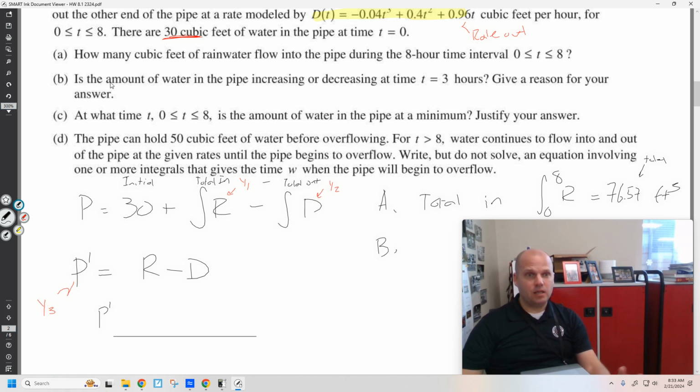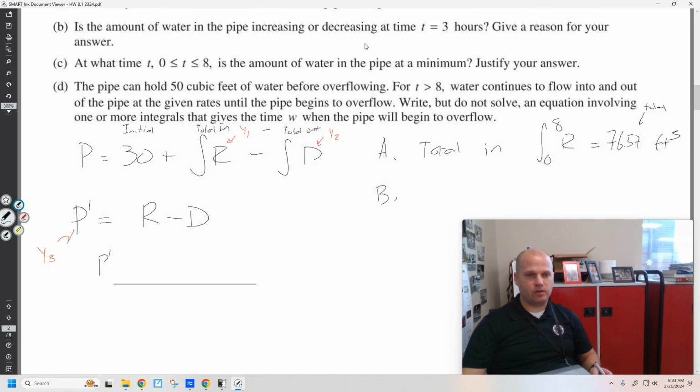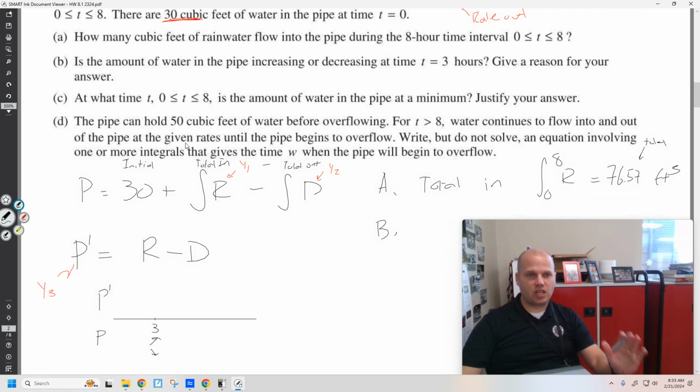But part B is the amount of water in the pipe increasing or decreasing at 3 hours. Guys, this is key. At 3, what is going on? What is our derivative? Is it positive? Is it negative? Will it be showing me an increasing or decreasing total amount? So this is the key, like a derivative increasing or decreasing, R versus D.